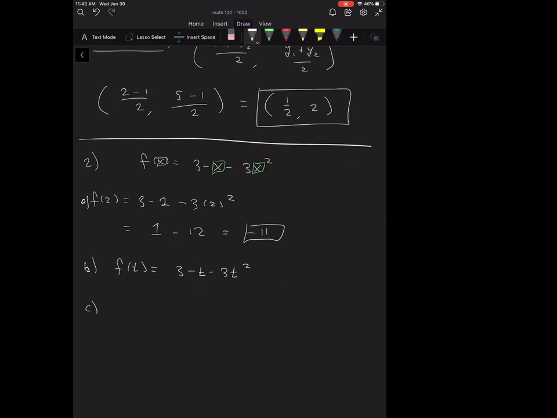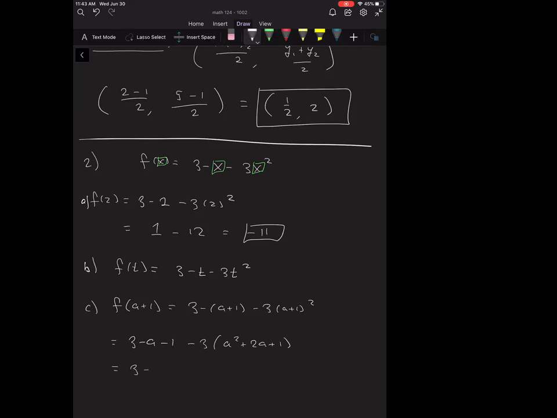And c, now we want to find f of a plus 1. So this is going to be 3 minus, then we plug in a plus 1 for x, minus 3, and then plug in a plus 1 for x again, but that one's squared. So this is 3 minus a minus 1 minus 3, and then (a plus 1) squared. That's a squared plus 2a plus 1.